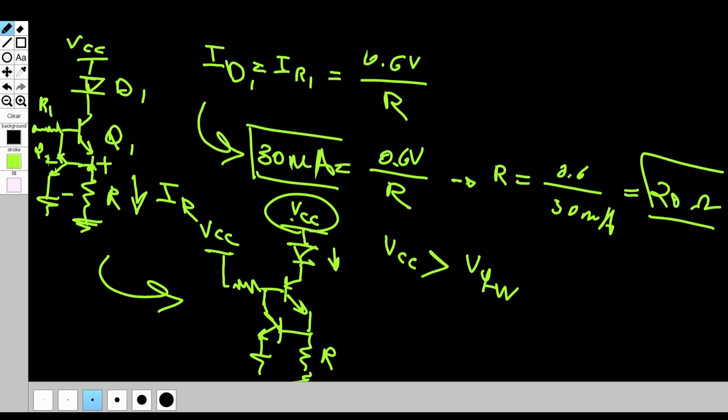So we need to make sure that that's true. Usually most LEDs, depending on the application, but most of them, depending on the color, start from like 1.9 volts all the way to 3.2 volts. That's most of the LEDs. And usually if VCC is 5 volts, that's already good enough.